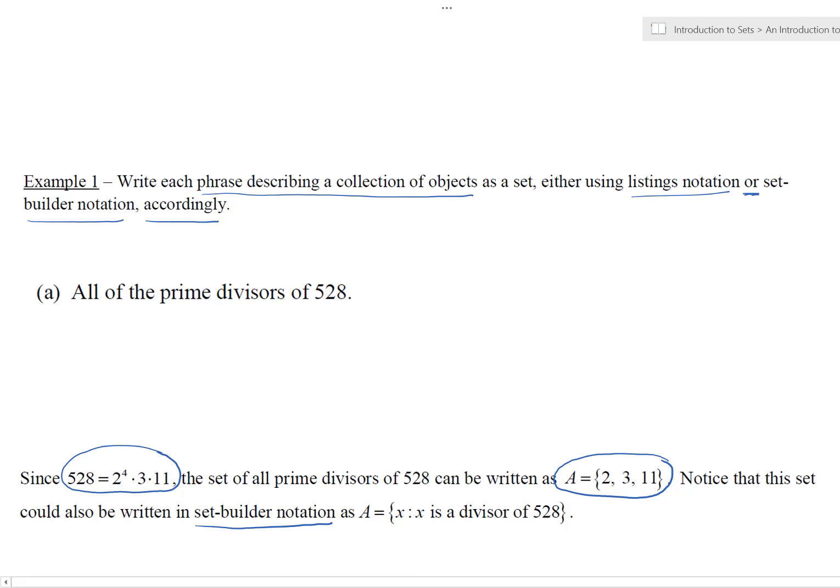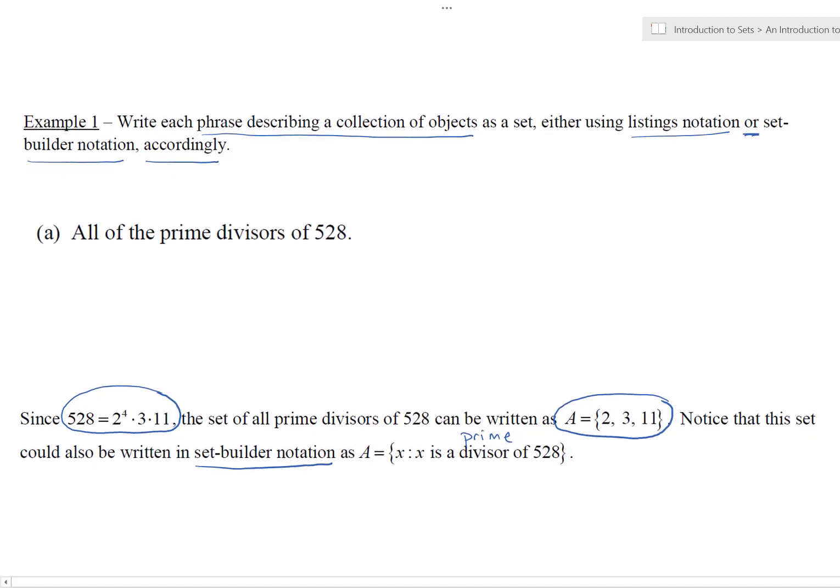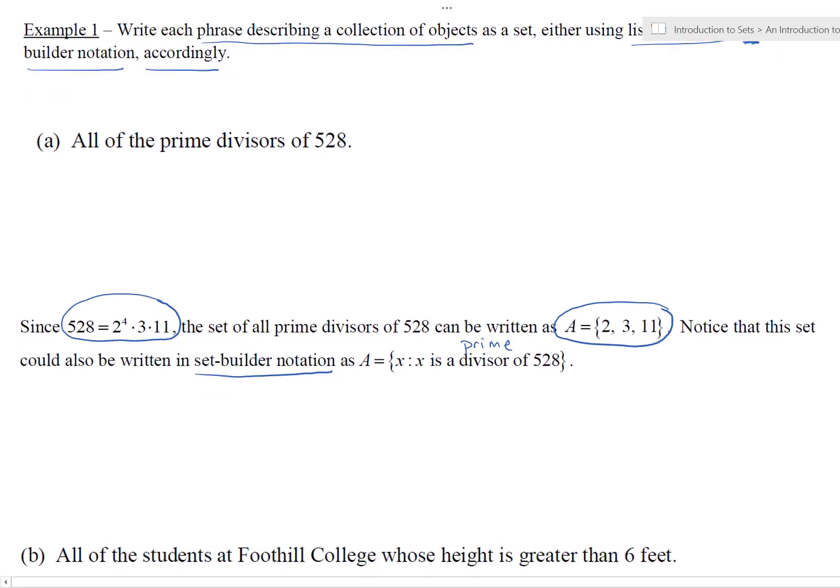Though that is a way of describing this set, it doesn't explicitly say what these numbers are. It really should say prime divisor of 528. So you see, what's more efficient in this situation? Take your pick, but I would choose the listing because there are only 3 elements.